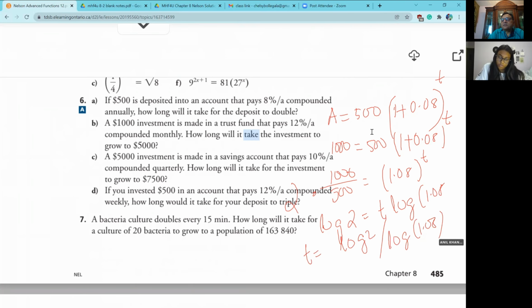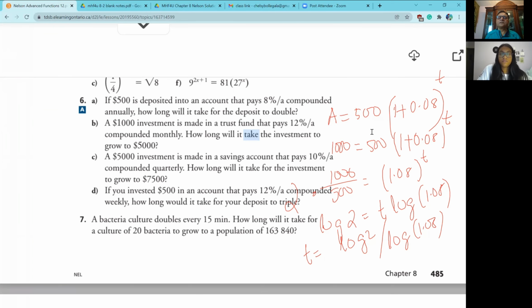Tell me what is the answer? 9.006. So in 9 years, it is almost going to double, correct?